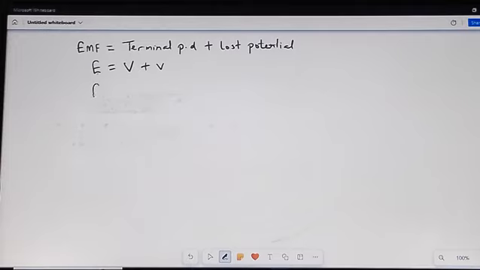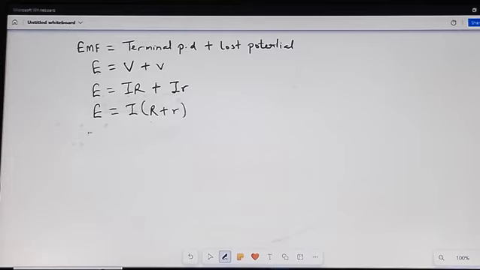So we can say that E, remember from Ohm's law that V is IR. Capital R stands for the resistance of the external resistor, or you can call it the load resistor, while small letter v represents the potential of the internal resistance. I is common in both terms, so we can factor it out and say the EMF is equal to I into capital R plus small r.